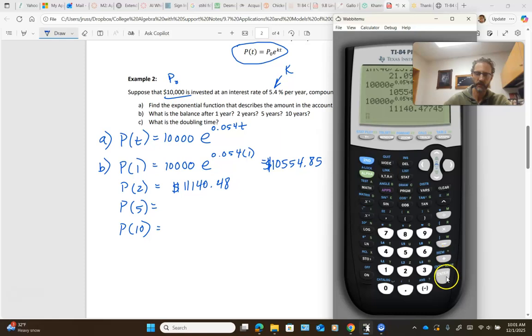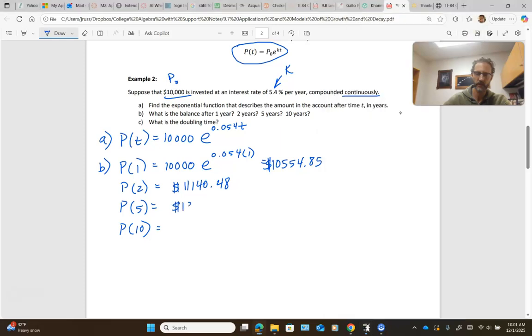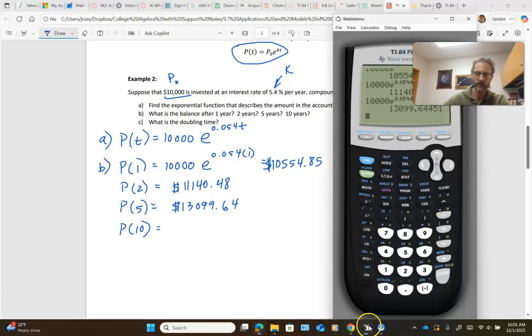I'll say second, enter for entry, go back and replace that 2 with 5 years. Now we've got $13,099.64. So now it's grown over 5 years. It's increased by over $3,000.